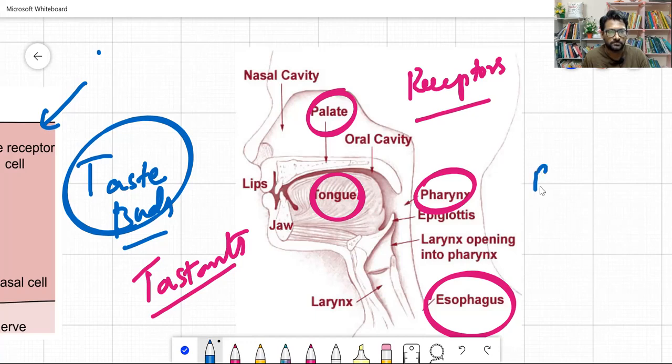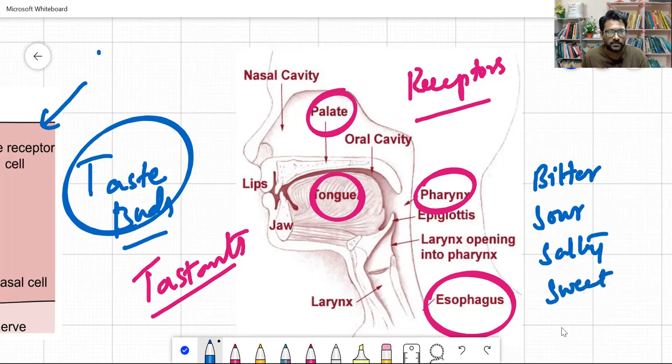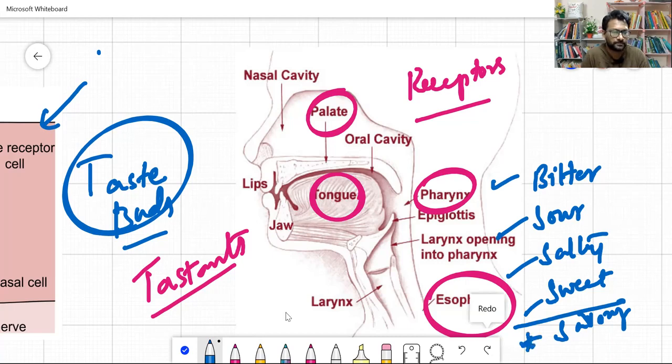One is bitter, sour, salty, sweet, and the other one is savory. There are four basic tastes, and the newly added one is savory.